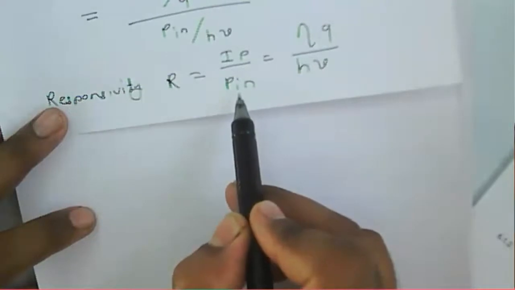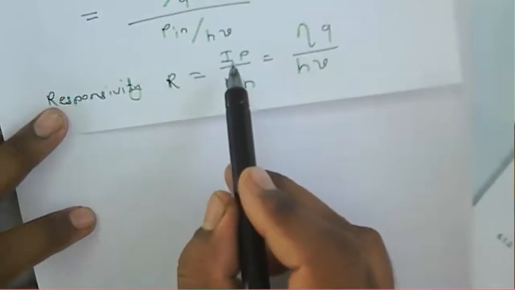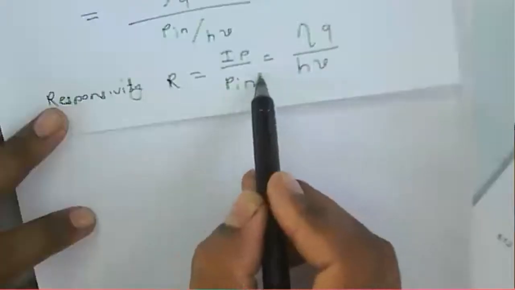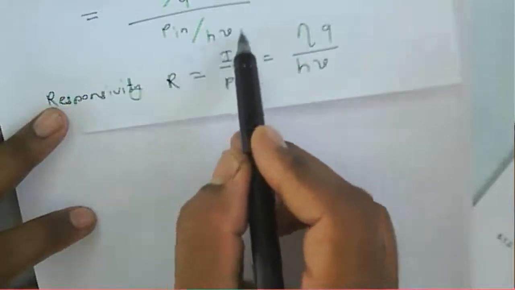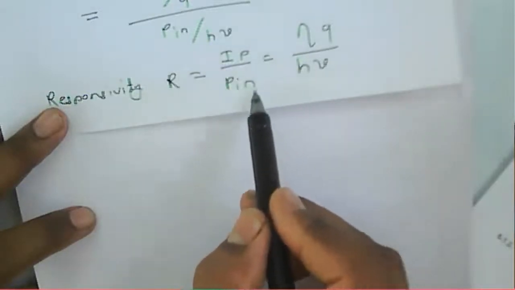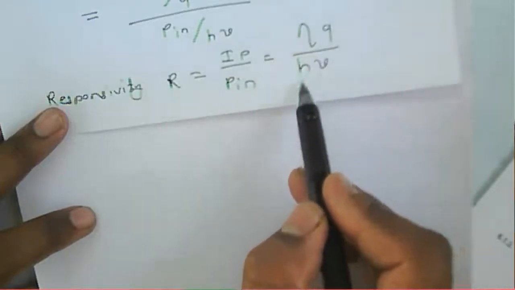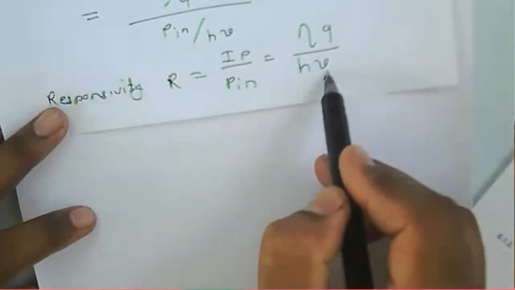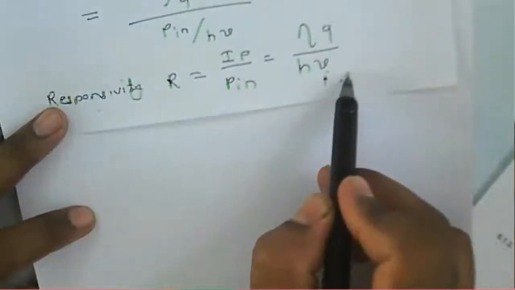Generally, written in terms of quantum efficiency, charge, and hν, where h is the Planck constant and ν relates to the wavelength. So the responsivity is depending upon the wavelength.